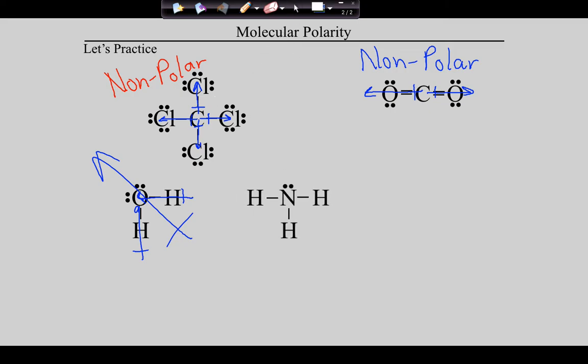All right, guys, NH3. So, which one's stronger, nitrogen or hydrogen? Look it up. Nitrogen is stronger? I'm not sure. I don't know. Is it 3? Oh, okay. So nitrogen is stronger than hydrogen. So guys, what direction then do these arrows point? Towards the nitrogen or the hydrogen? The nitrogen.